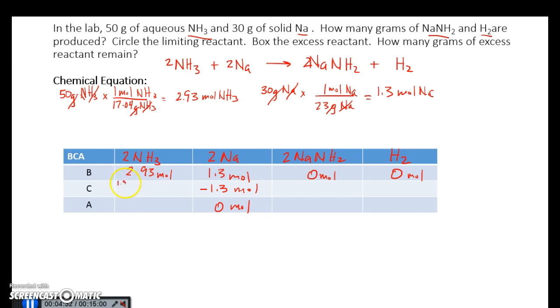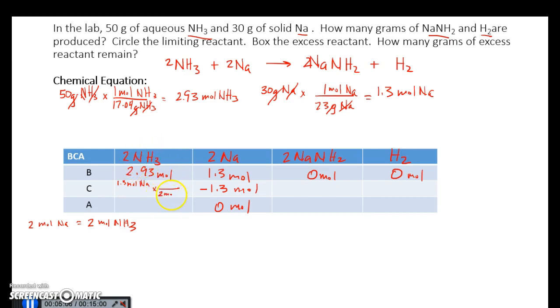So I take that 1.3 moles of Na, and I look at the relationship between Na and NH3, and it tells me that for every 2 moles of Na, it requires 2 moles of NH3. That's thanks to my chemical equation. So when I write my equivalency fraction, I want to make sure that I can cancel out this Na and convert it to NH3.